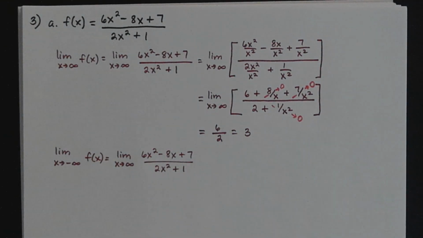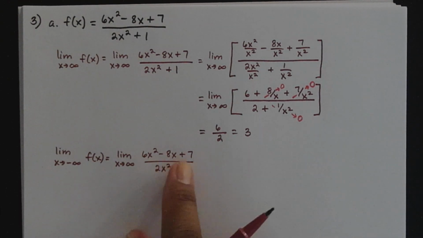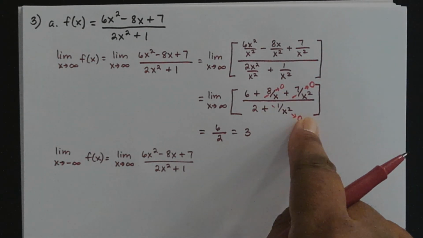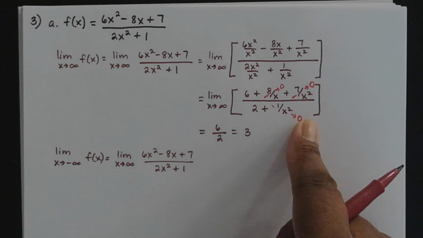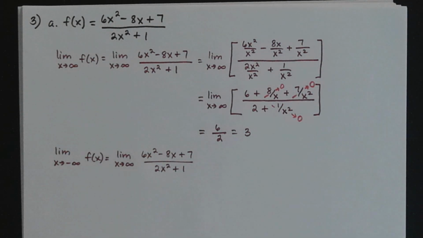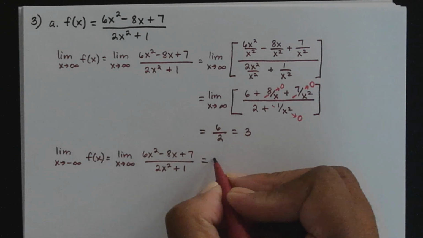But if I divide every single term by x squared, I'm going to end up getting this right here. And then when I take the limit as x approaches negative infinity, these terms right here would go to 0. So I'm still going to have 6 over 2, which is 3.